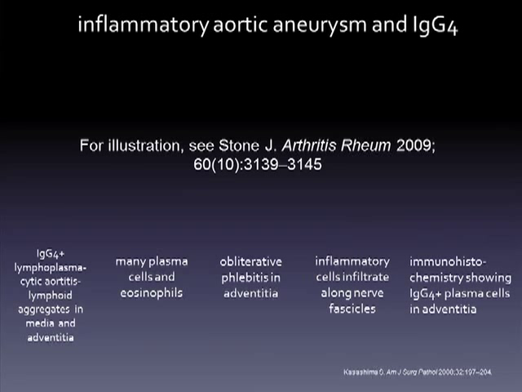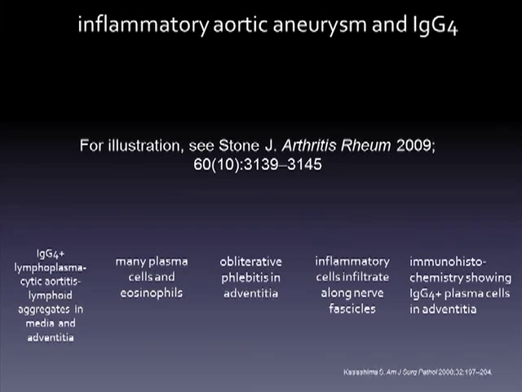This is the histology that has been associated with IgG4-positive cases. This is a section of the aorta that shows very dense lymphoplasmacytic aggregates in the media and adventitia. Here we see a lot of plasma cells and some eosinophils.